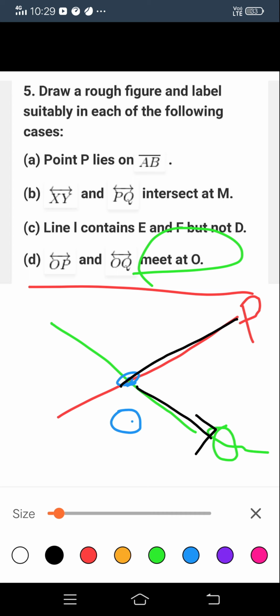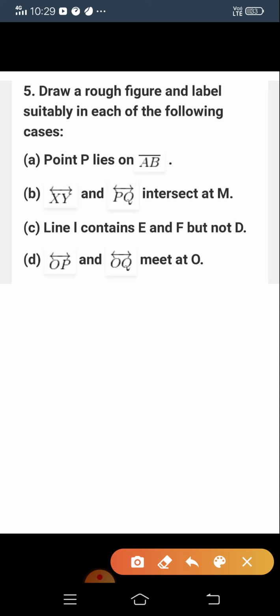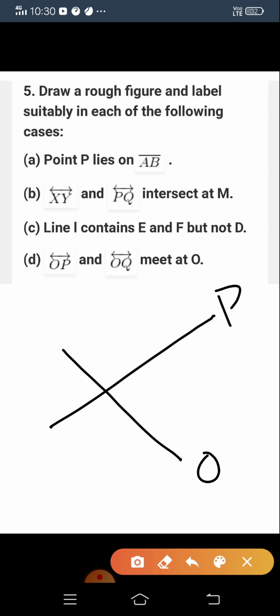Both meet at a point, that is O. Is it clear? This one is P and this one is Q, and they meet at a point, that is O. This is the fourth answer. Is it clear?